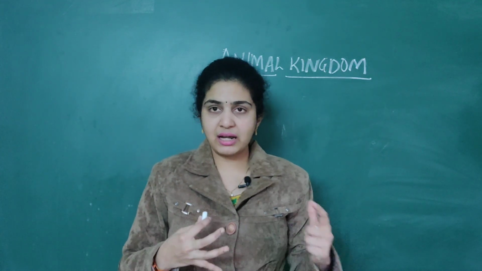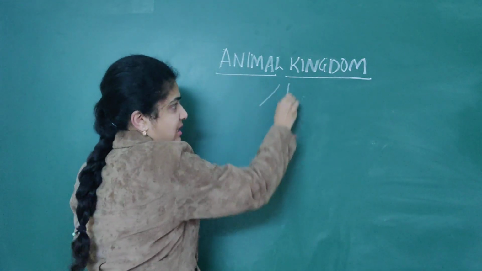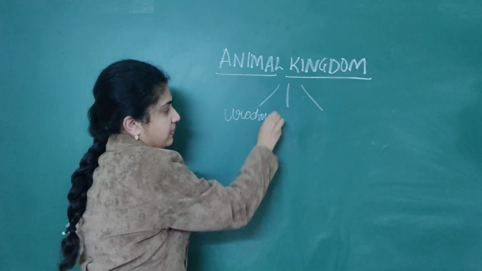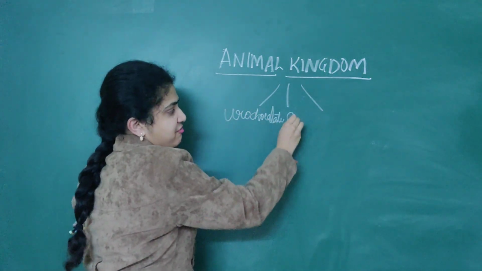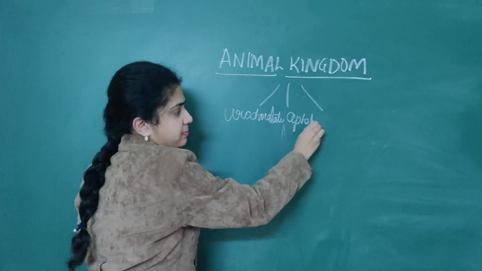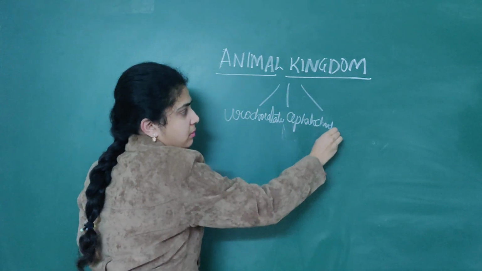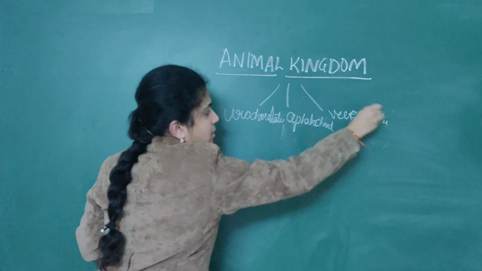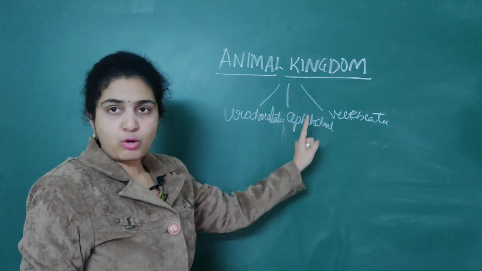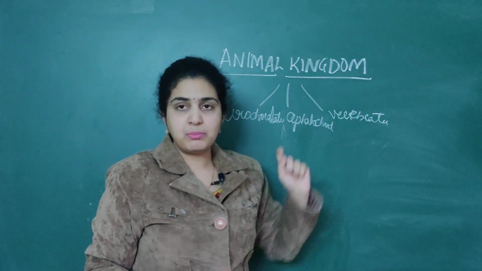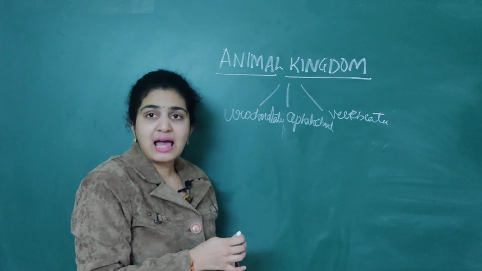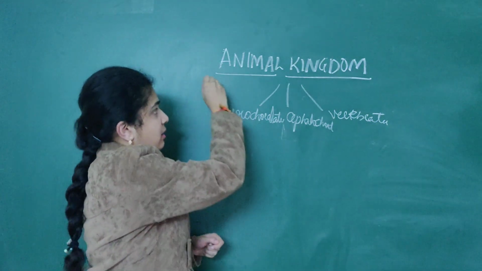In the phylum Chordata, they are divided into three types: urochordates, cephalochordates, then vertebrates. Urochordates, cephalochordates as well as vertebrates. So these are the three subphylum which are classified under phylum Chordata.